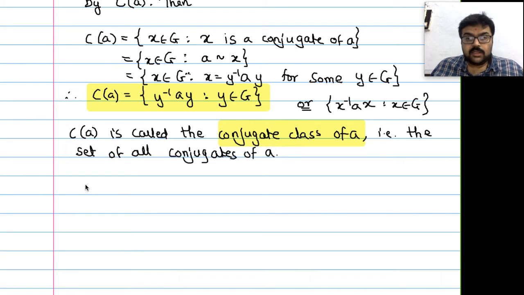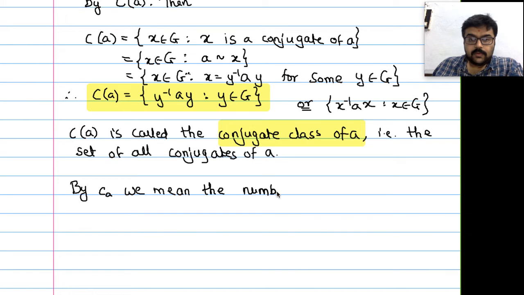And we denote the number of elements by small c suffix a. By c suffix a, we mean the number of elements in C of A. That is, it is nothing but the cardinality.